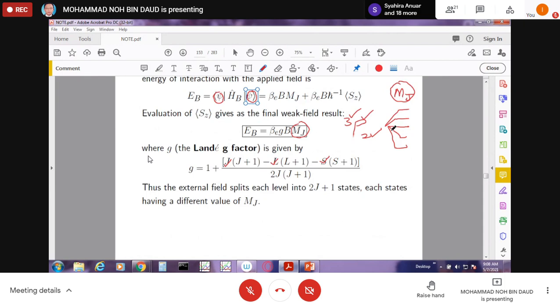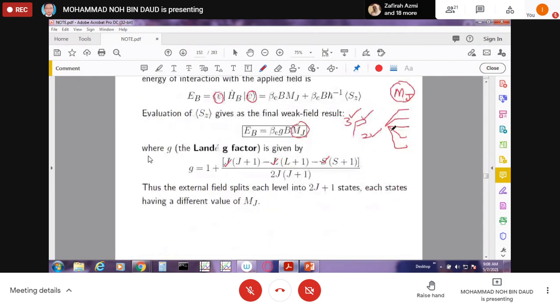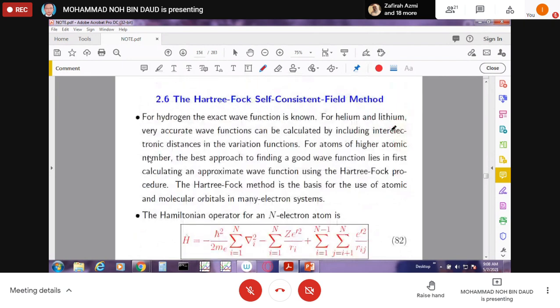You can read about the different couplings.